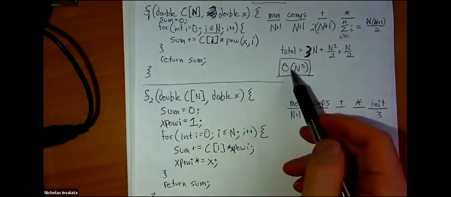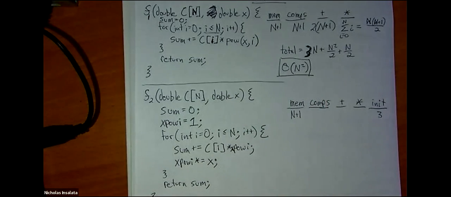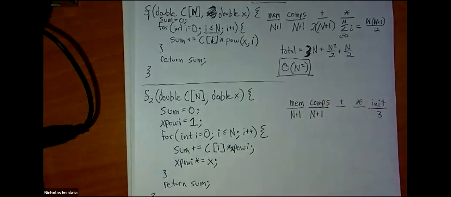Okay, how many comparisons? None of this changed the big O, right? It's still big O of n squared, even with these little changes that we made. It's still the same thing, right? N comparisons, or n plus 1 if you want, depending on how accurate you care to be. Okay, the number of additions.